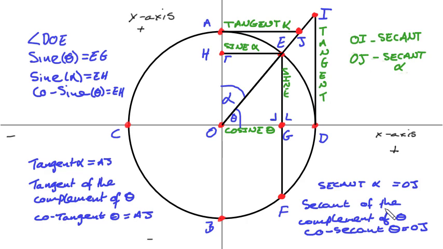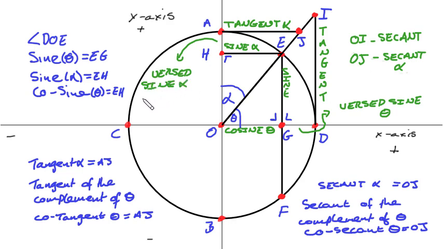So there are just two more lines I wish to highlight. We have the line GD, which I will write over here, and this line is called the versed sine of theta, and you don't get any prizes for guessing that AH is the versed sine of alpha, which is equal to the coversed sine of theta.